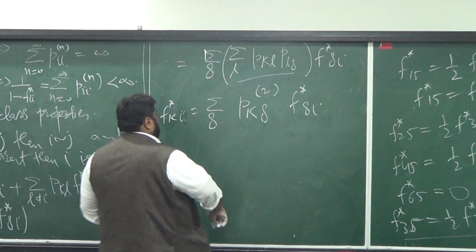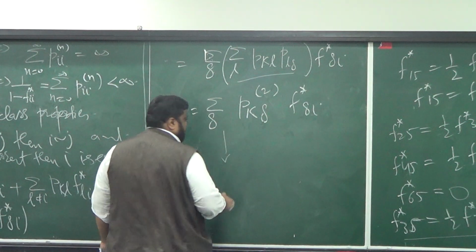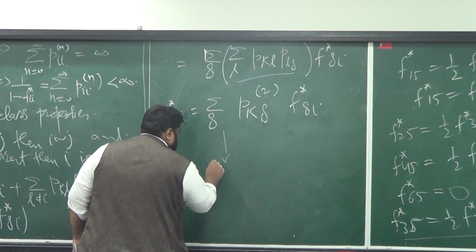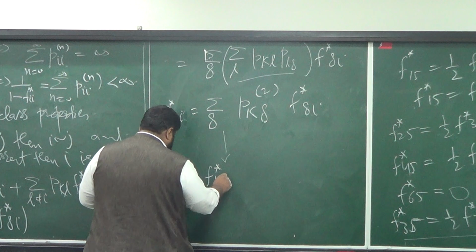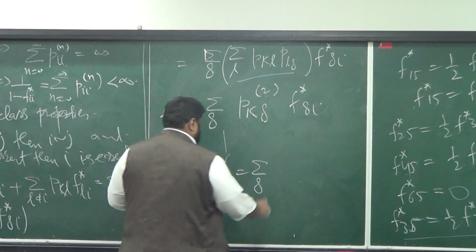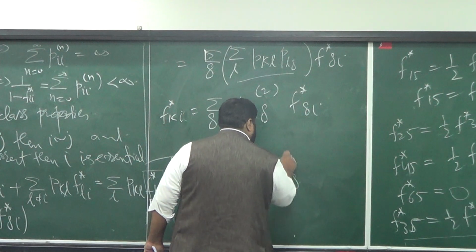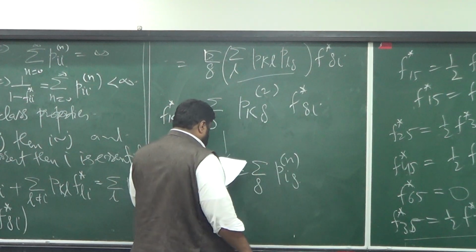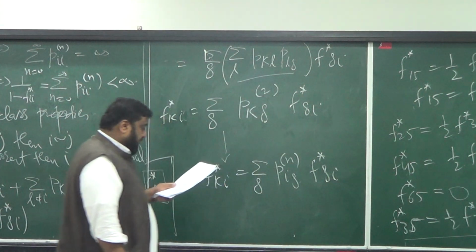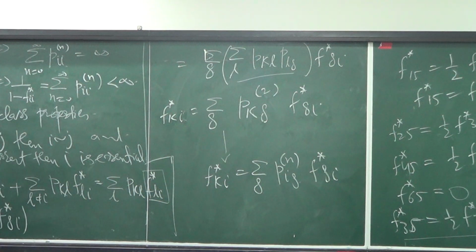I can keep on doing it, and finally I get this expression, which is F star Ai, the sum over G, reaching from I to G in n steps, and then from G to I in some number of steps.